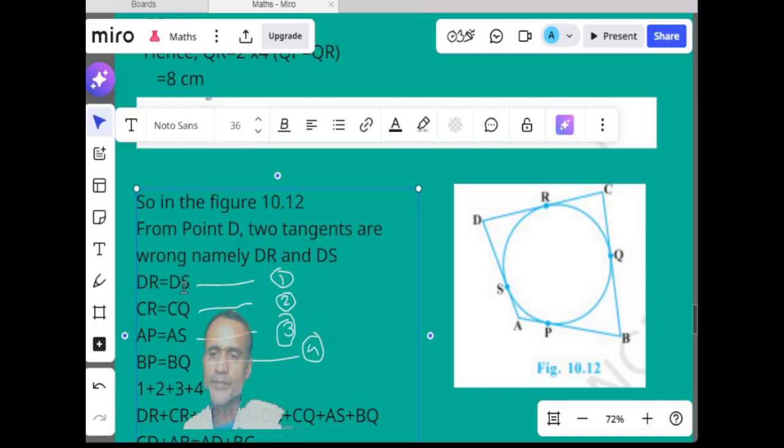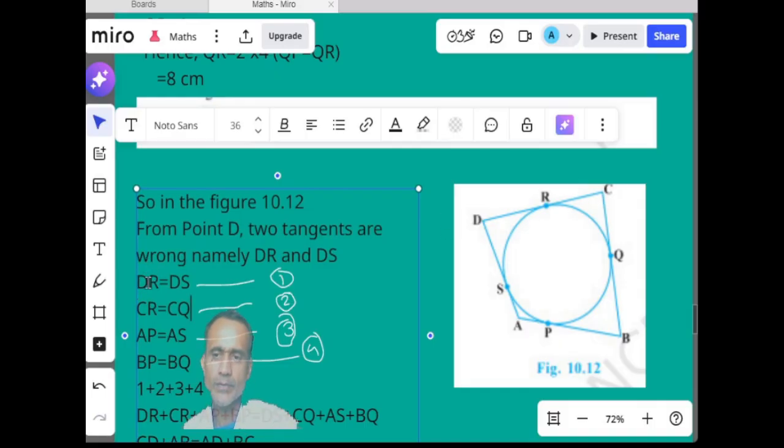While writing these equalities, we need to take care of what we have to prove. We have to prove that CD plus AB is equal to AD plus CB. So we have to write in the order such that by adding these we get these sides.